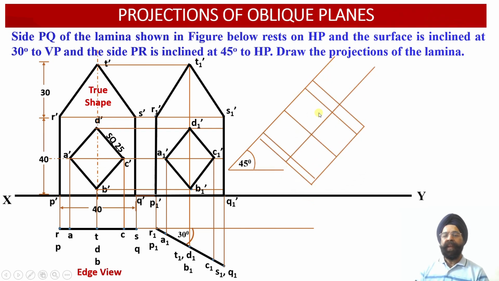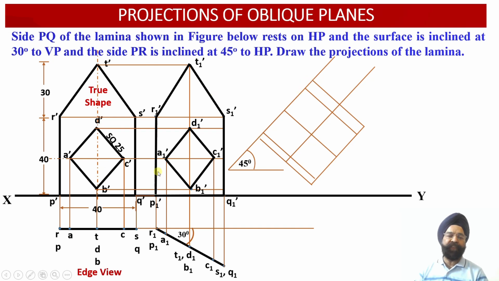Please see, here we have drawn this grid. How have we gone about obtaining this grid? We know the distance between P1 dash and R1 dash. This point will be P2 dash and this point will be R2 dash. Is it clear? P2 dash and R2 dash.